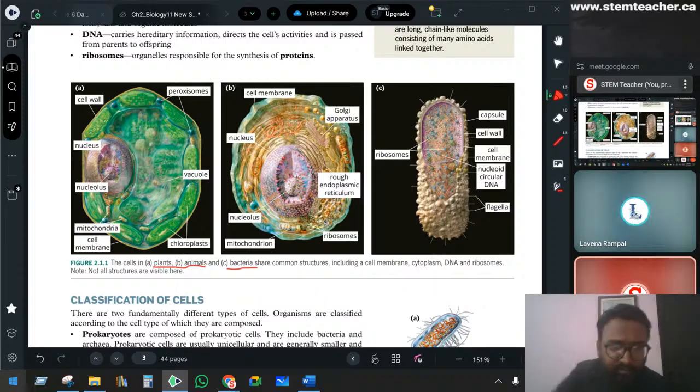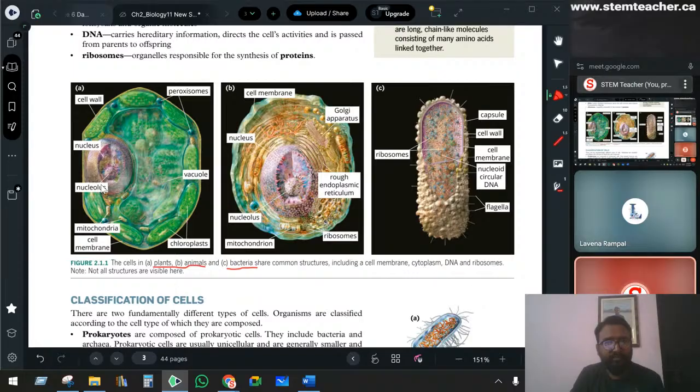There are also vacuoles. Vacuoles are where the food is stored. In the animal cell there are small vacuoles, but in the plant cell there are big vacuoles.